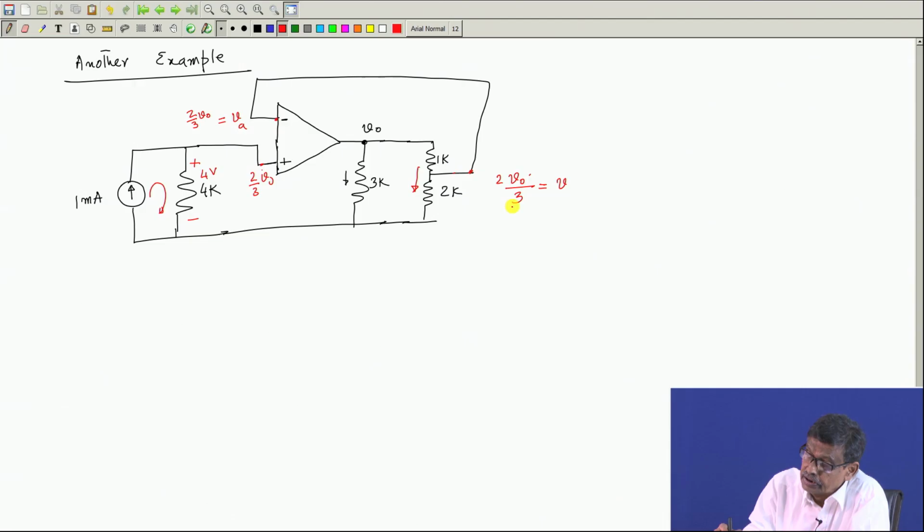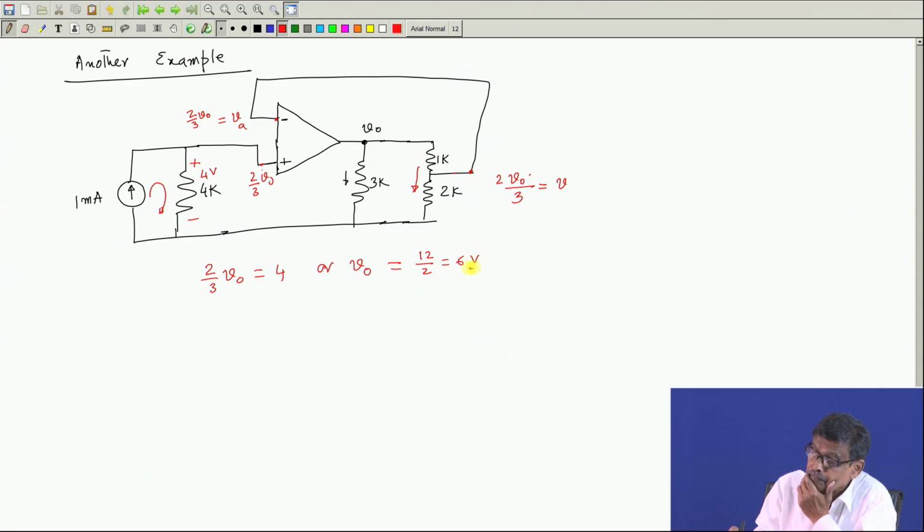So, 2/3 of V naught must be equal to 4 volt, or V naught will be then equal to 12 by 2, that is 6 volt. So, the output voltage answer will be 6 volt.